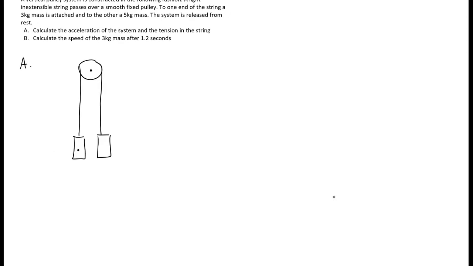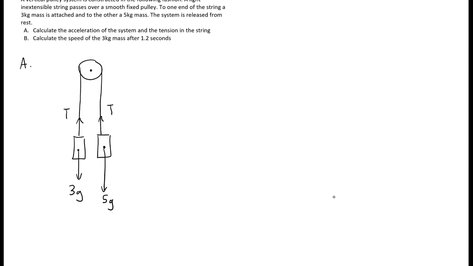Each weight must have weight acting on it, so this one has 3g acting, and this one has 5g acting on it. Both of these are connected to the string, so they both have tension acting on them. As there is only one string and the pulley is smooth, the tension is the same at both ends of the string. That's step 2.